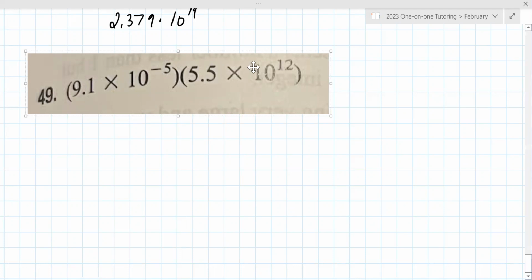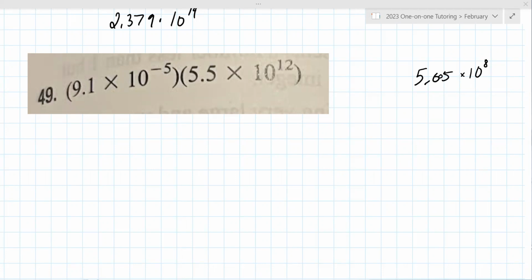Okay, so I got 5.005 times 10 to the 8th power. And that is correct. Any questions on that? No, I got it. Thank you. Okay, let's do number 50 together here.